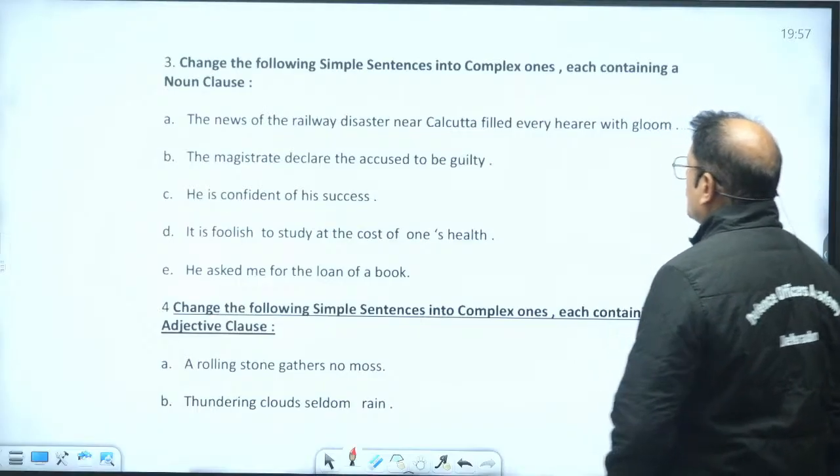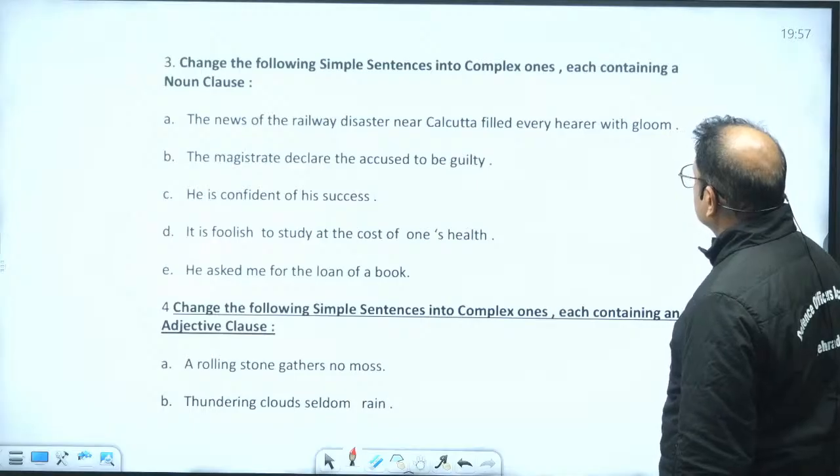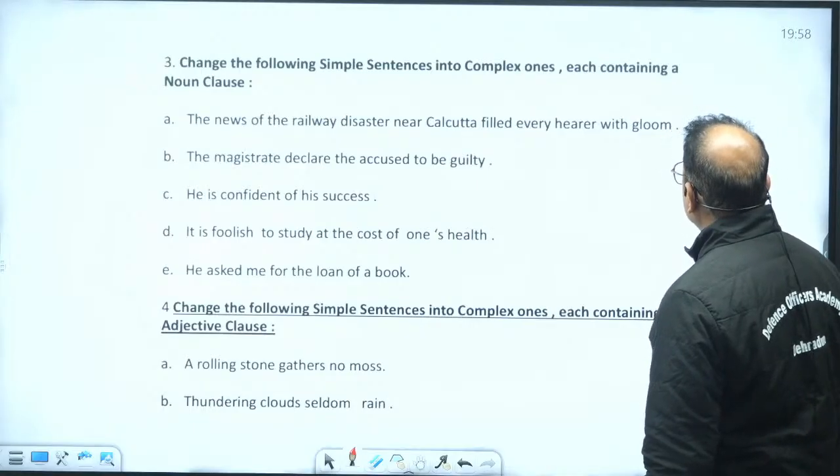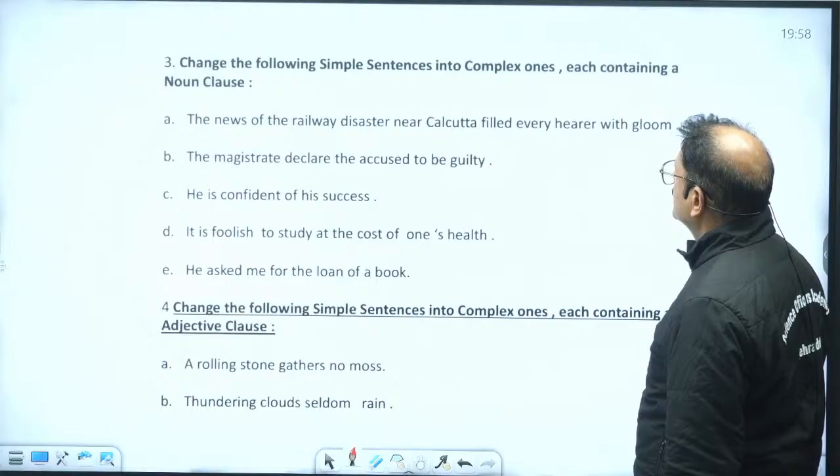Okay, the news of the railway disaster near Calcutta filled every hearer with gloom.